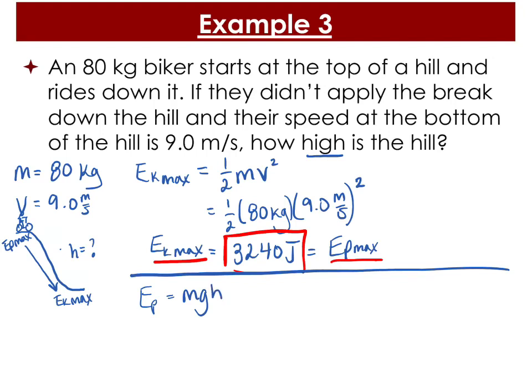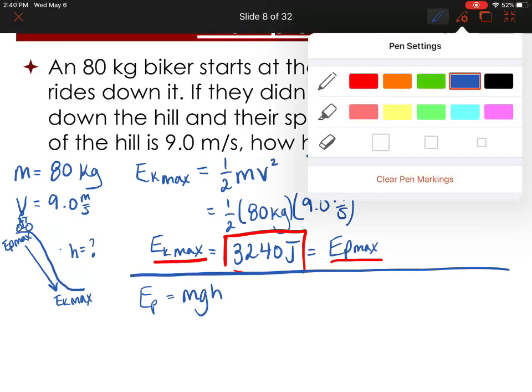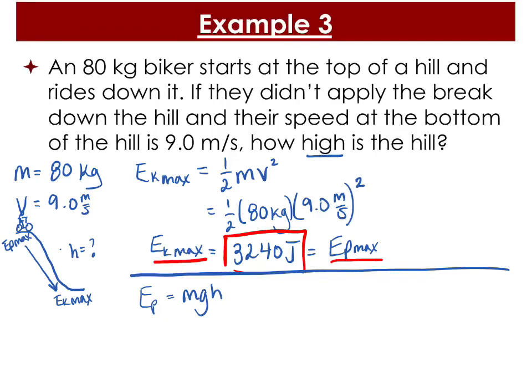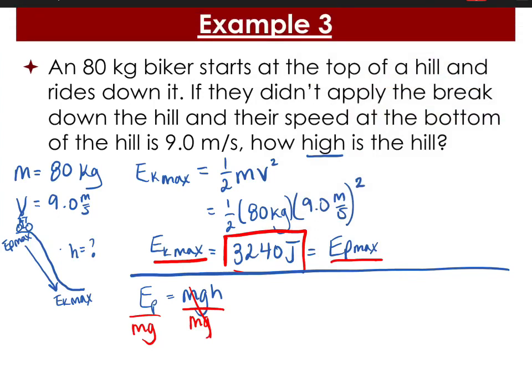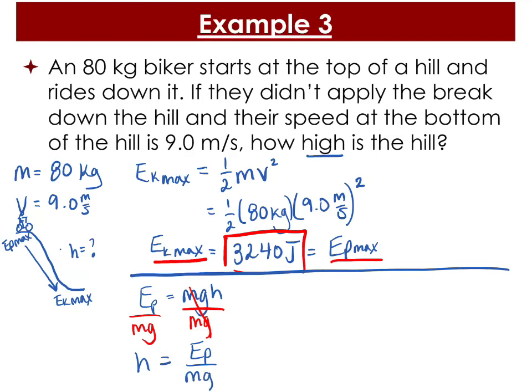I need to solve for height. In this one, I'm going to show you how to rearrange just because this one's so much nicer and easier to rearrange. And that's just dividing by mg on each side. Okay, so that's all I got to do there. And then I get the fact that height is equal to potential energy over mass times gravitational acceleration.